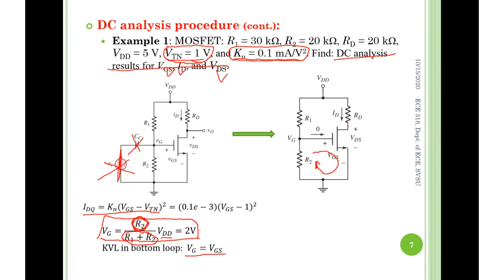You only have two voltages involved in this loop. One is voltage across R2. The other is the VGS. Only two voltages. No more, no less. Right? Voltage across R2 is nothing but VG. So VG equals VGS.